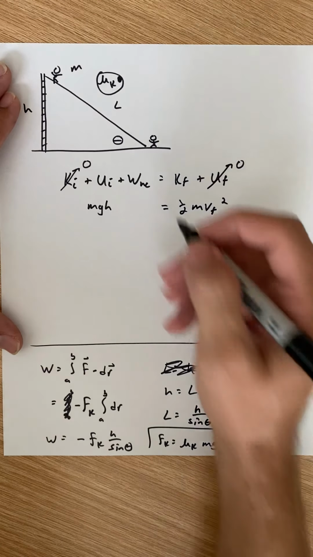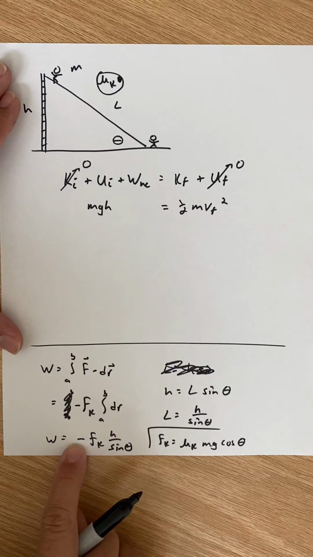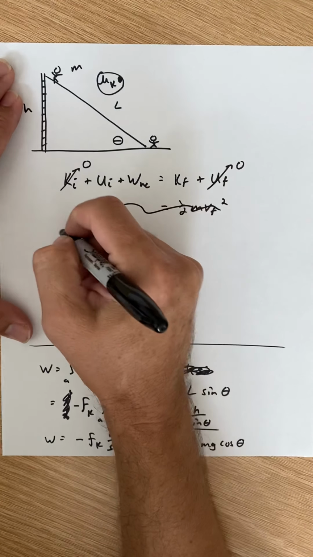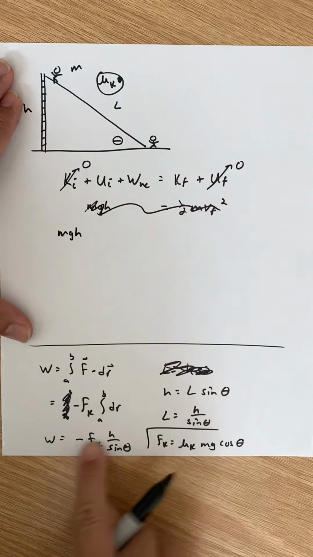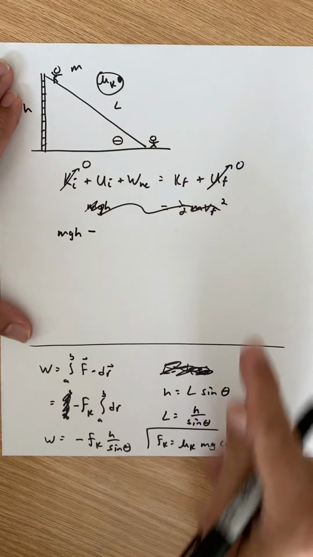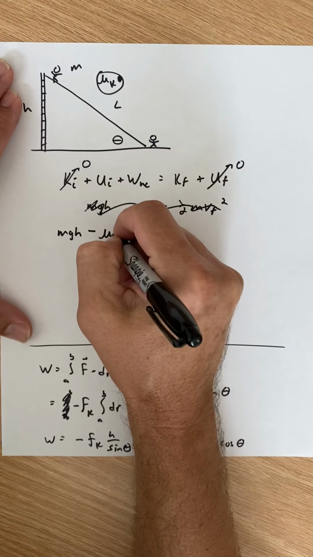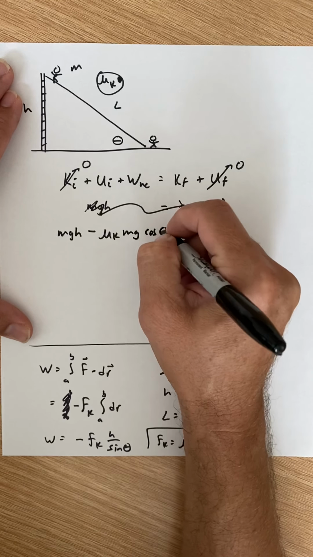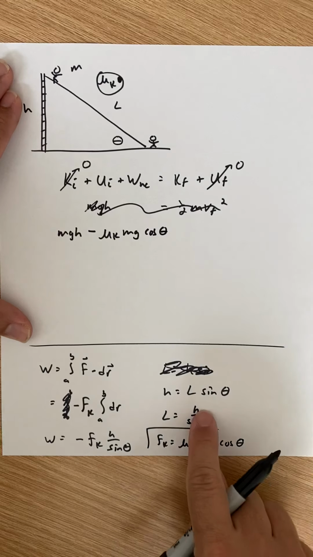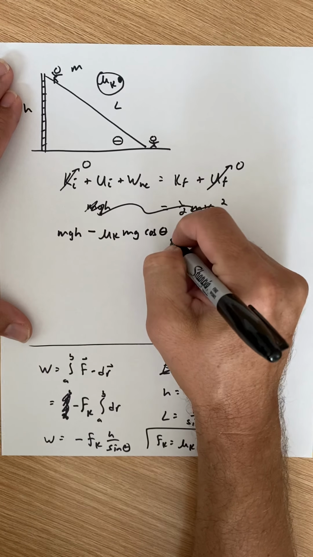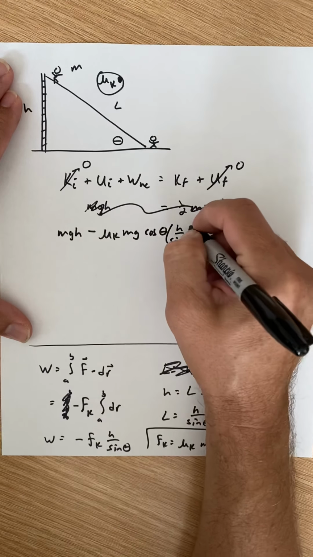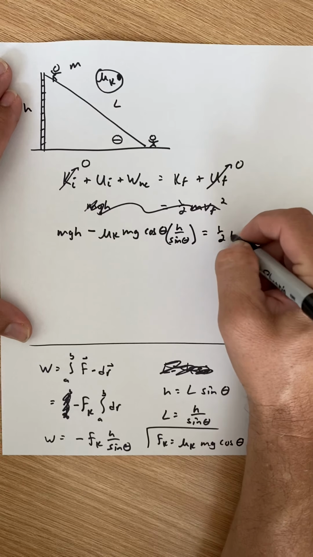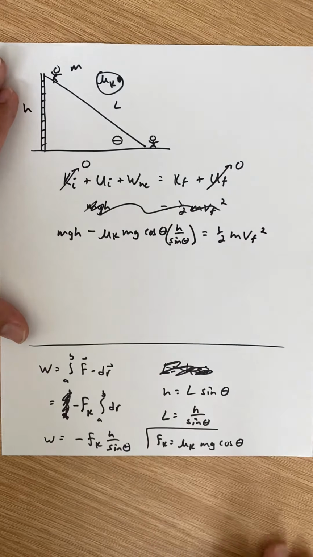I haven't left myself enough room, so let me just do this. mgh minus force of friction, mu k mg cosine theta, times h over sine theta is equal then to 1/2 mv final squared.